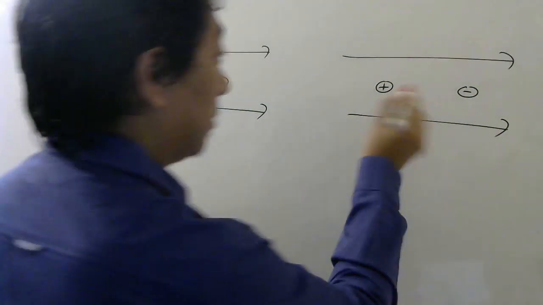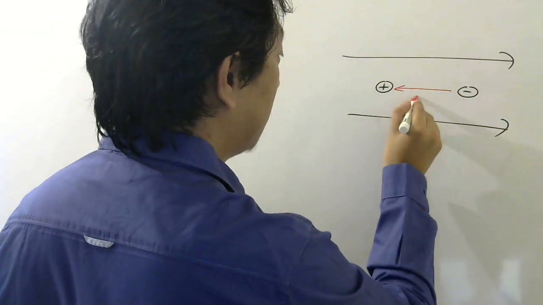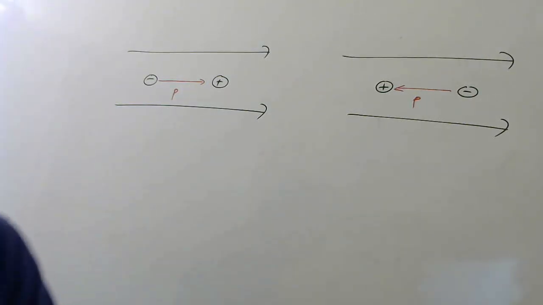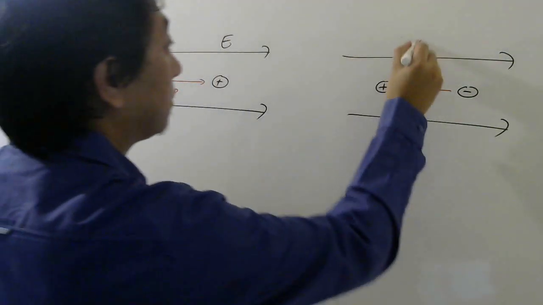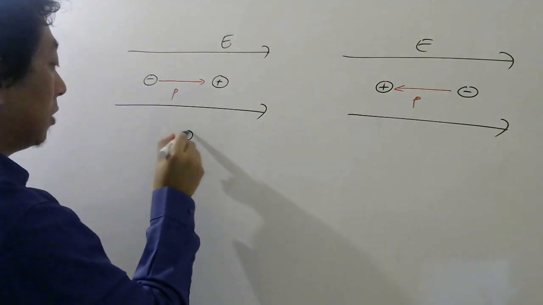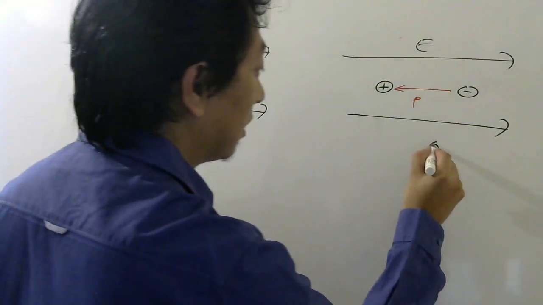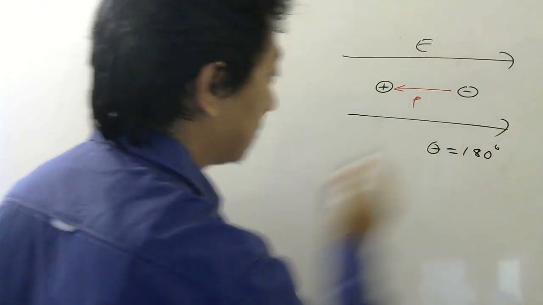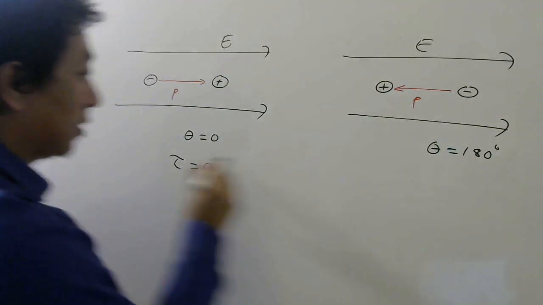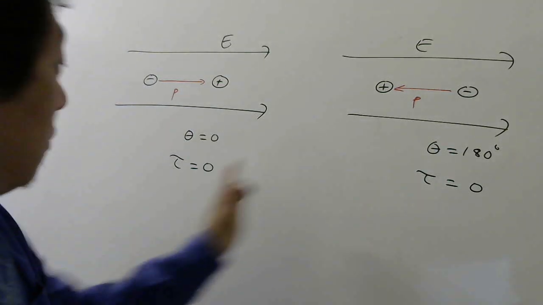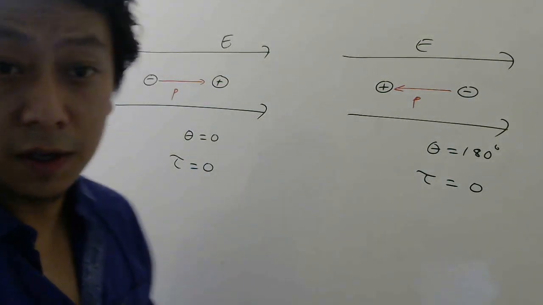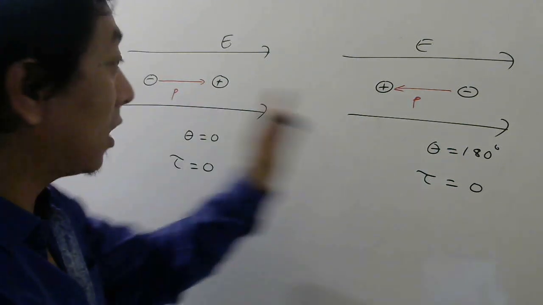Here also, it will be the opposite, from minus q to plus q. But the electric field I have taken towards the right side. Here what is the angle between the two vectors? 0. Here what is the angle between the two vectors? 180. Here what is the torque? 0. Here what is the torque? 0. No difference in the torque. However, since the torque is 0, both are in equilibrium.